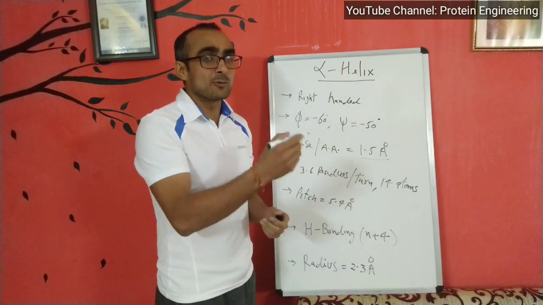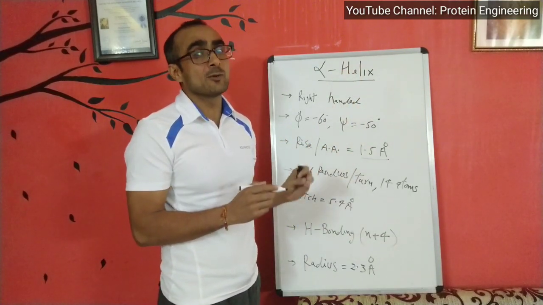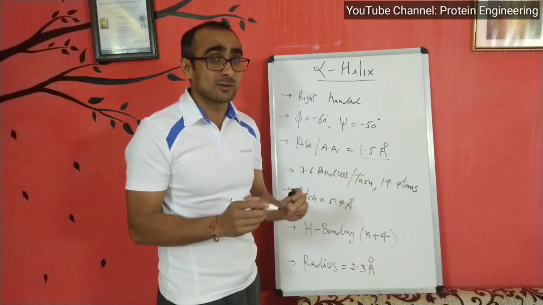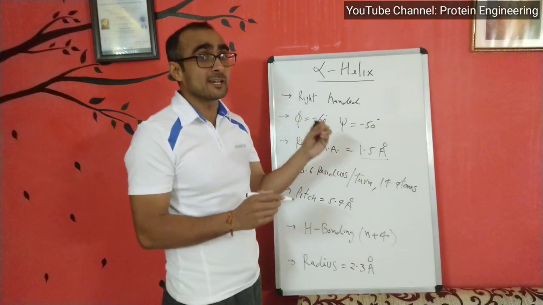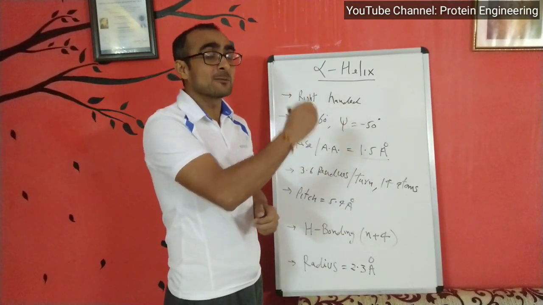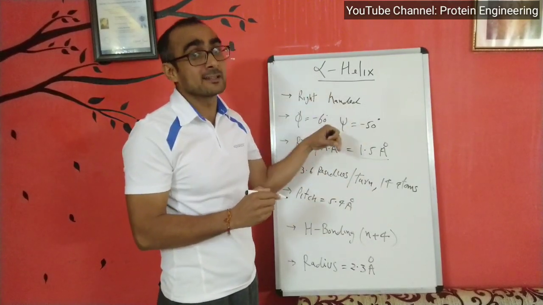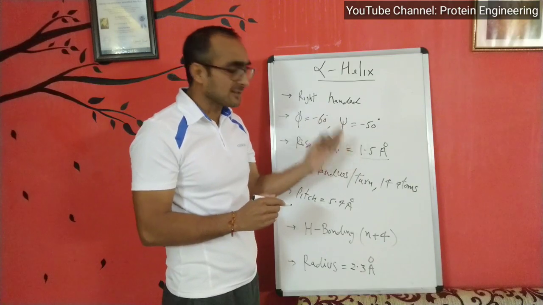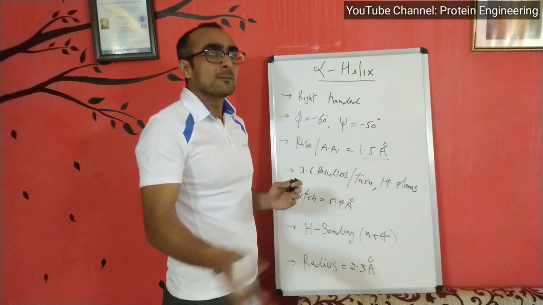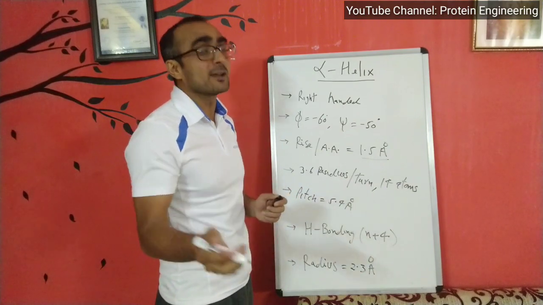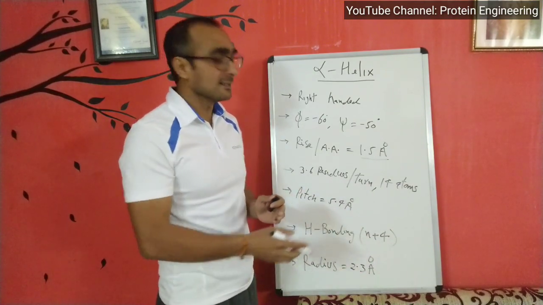For example, the carbonyl oxygen of the peptide bond of the first amino acid, or any amino acid, will be linked to the amido NH group of the peptide bond of the fifth amino acid, N plus 4. Similarly, the NH group of the first amino acid will form a hydrogen bond with the carbonyl group of the fourth amino acid in the reverse direction.